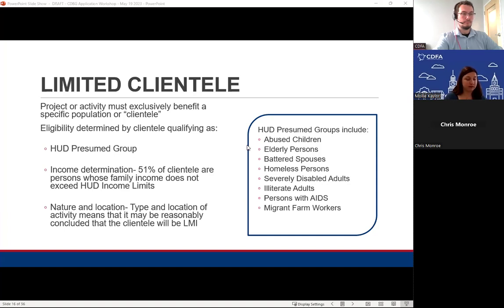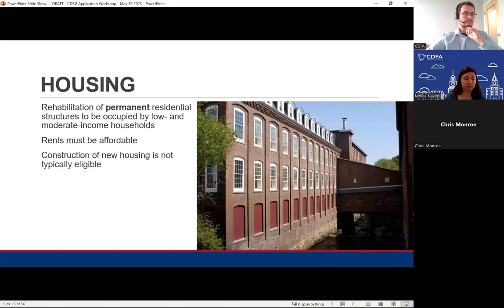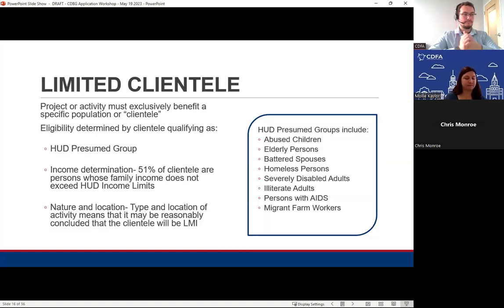The next way is if the project is of such nature and location. What this means is that the type of activity being funded and the location of it mean that it may reasonably be concluded that the clientele are of low to moderate income.